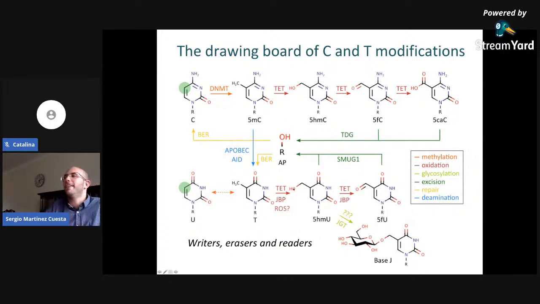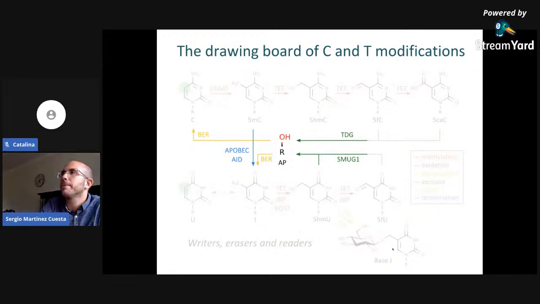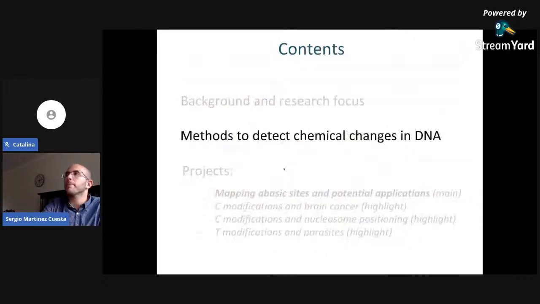So you have sugars floating, covalently linked to DNA, which is quite exciting, I would say. Yeah. That modification in particular is called base J, and it's very common in parasites. Okay, so as you can see, these abasic sites, named here as AP, play a central role in the mechanisms of excision and repair of modified bases.